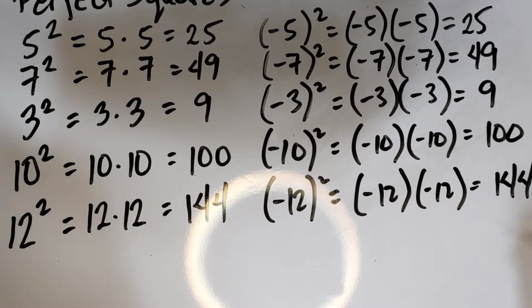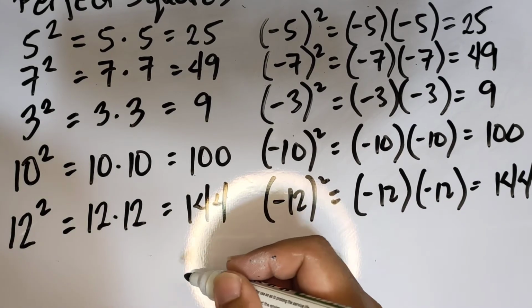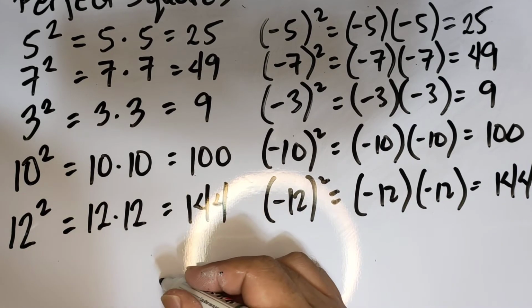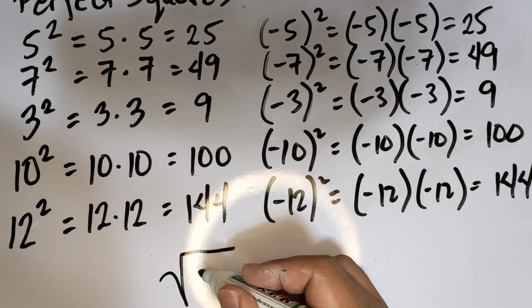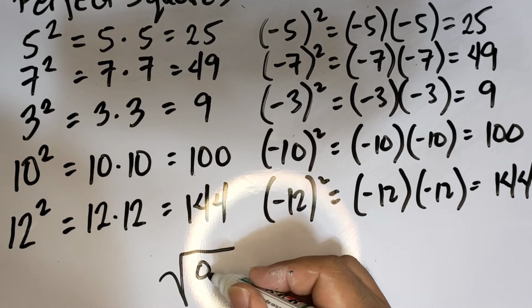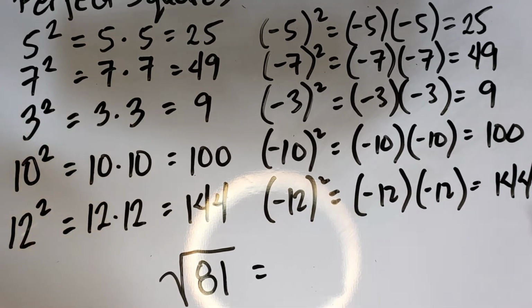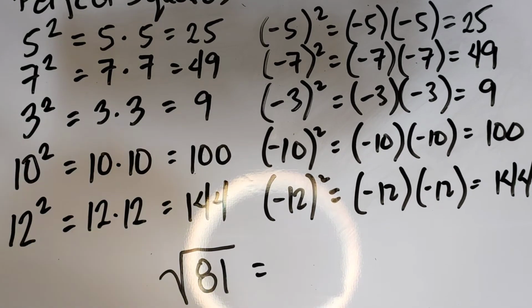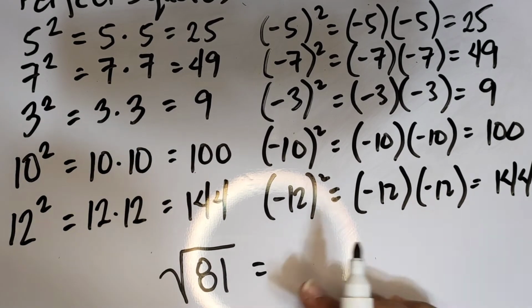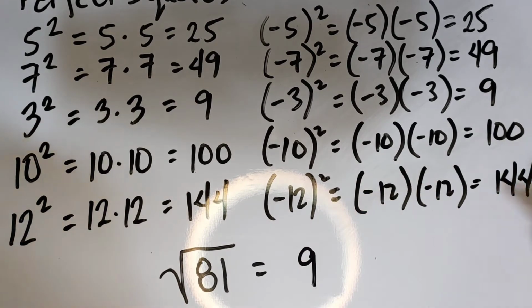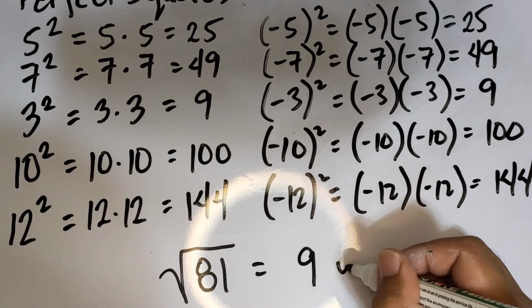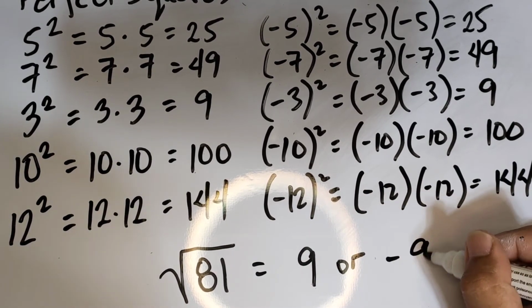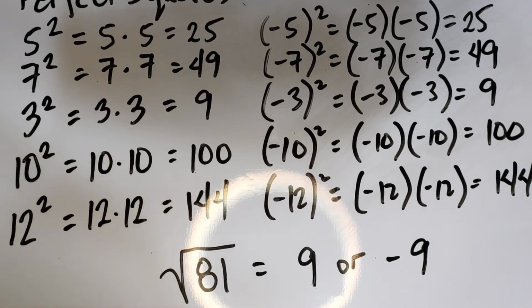Okay? Halimbawa, yung square root ng, let's say, 81. Ano ang square root ng 81? Okay, correct. Positive 9. Or, pwede ring negative 9. Kasi, 9 times 9, 81.